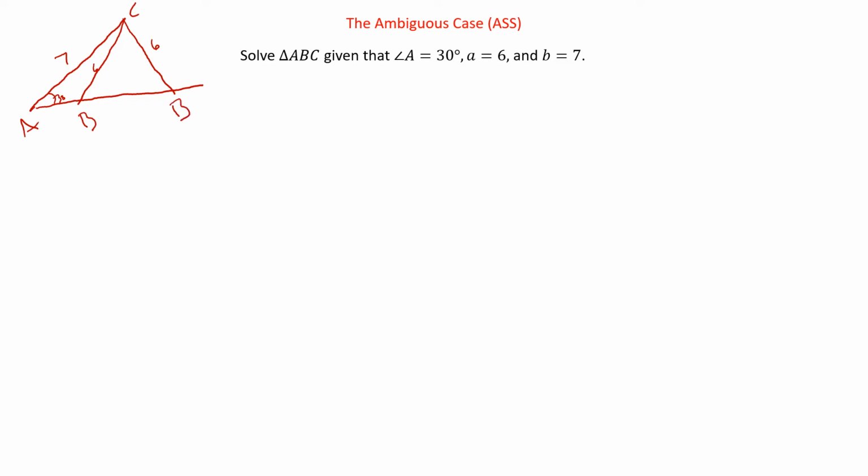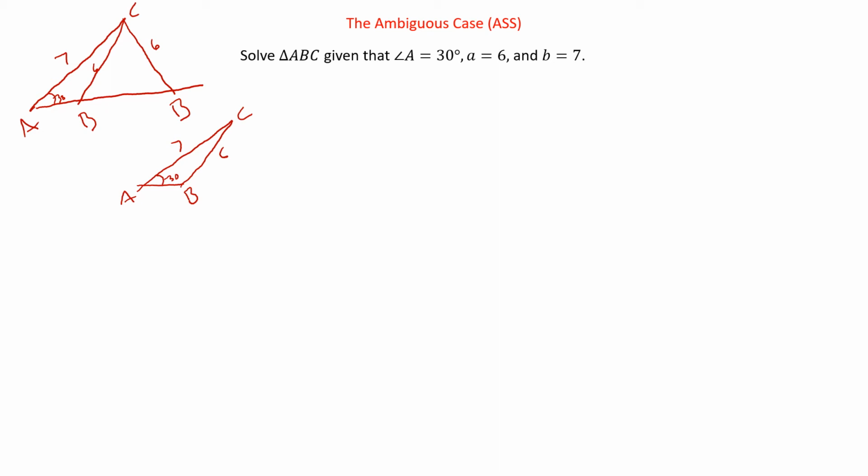So the first one, let's work with this one. So we have A, B, C. That was 7, that was 6, that's 30.